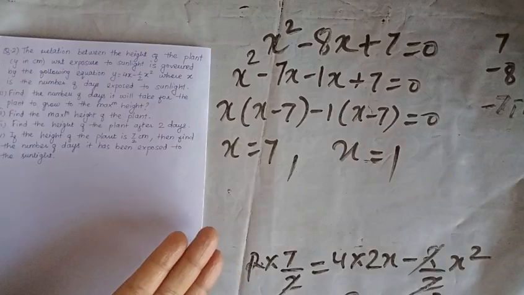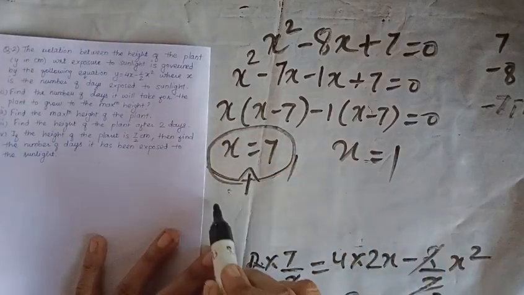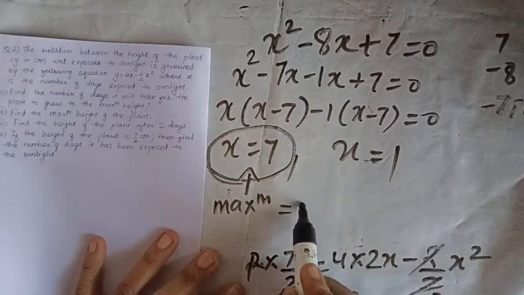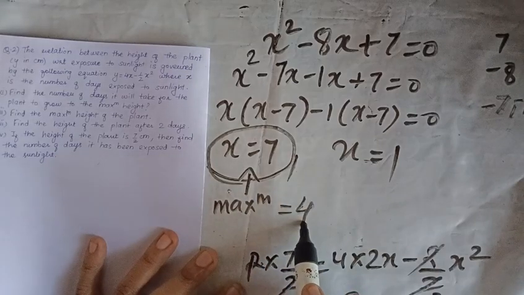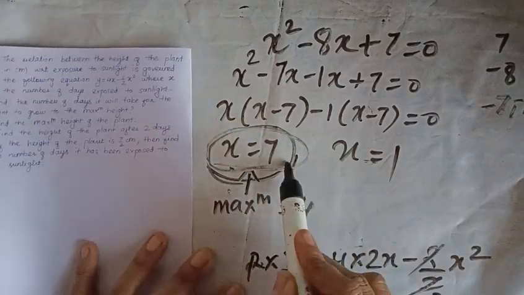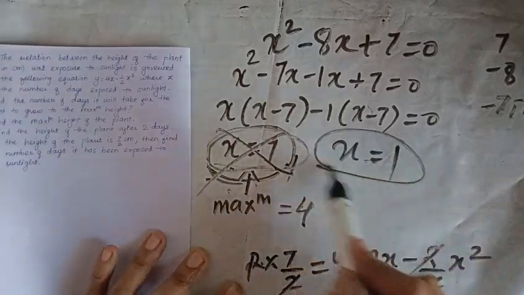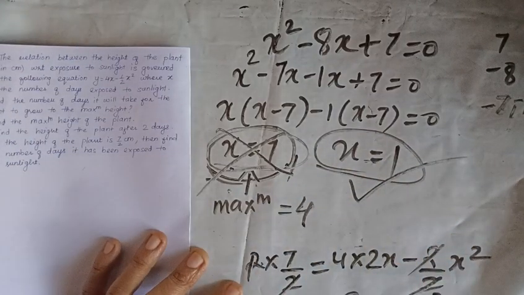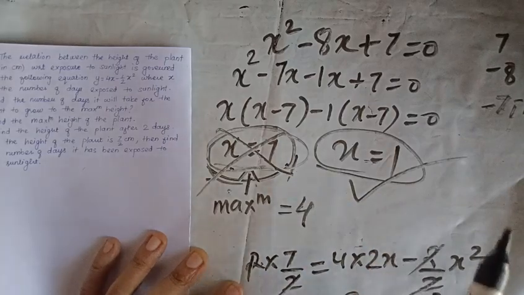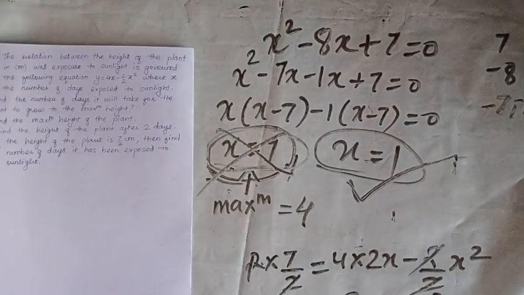Okay, so we cannot take x equal to 7. Why? Because the number of days to grow to the maximum height was 4, right? We got x equal to 4. So x equal to 7 we cannot take, so this is not the case. So you have to go for x equal to 1. So if the height of the plant is 7 by 2, then the number of days it has been exposed to sunlight is x equal to 1.